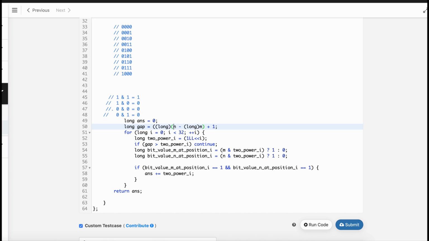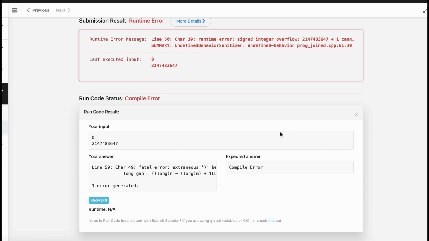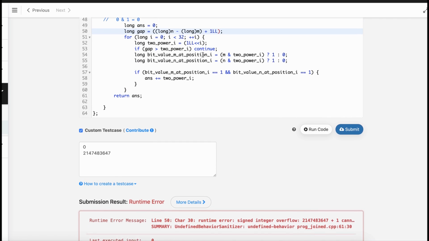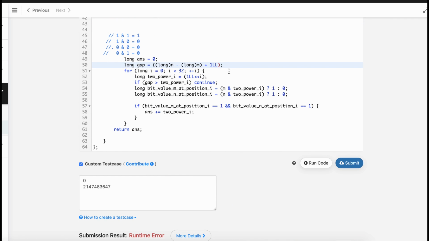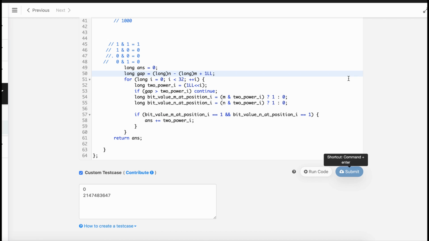Let's do typecasting. Bracket missing. Let's submit.